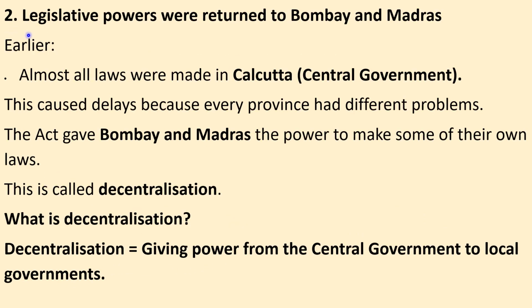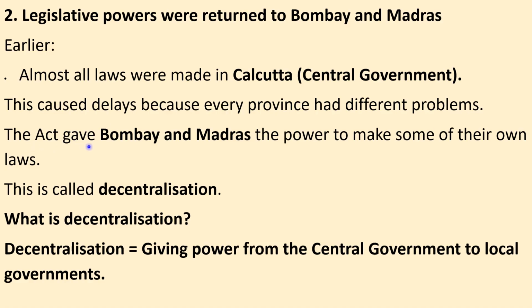Number 2. Legislative powers were returned to Bombay and Madras. Earlier, almost all laws were made in Calcutta. This caused delay because every province had different problems.